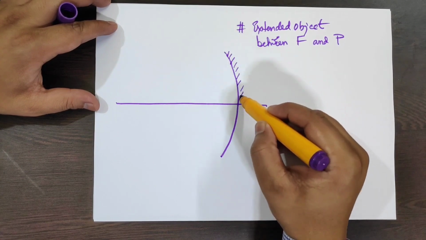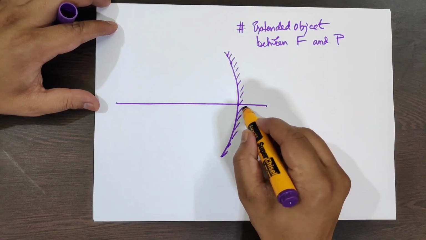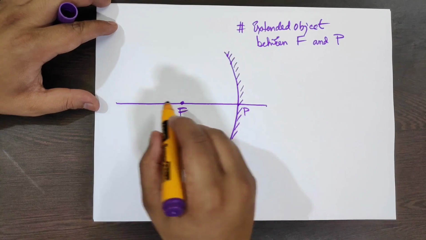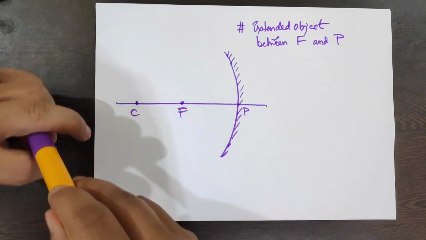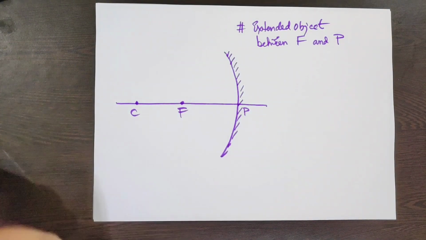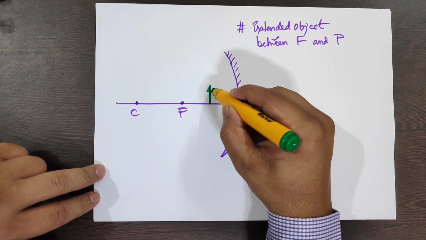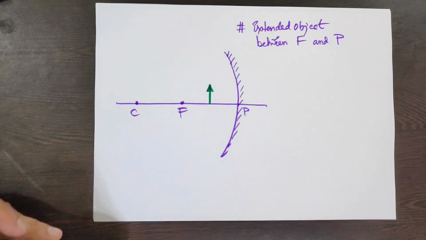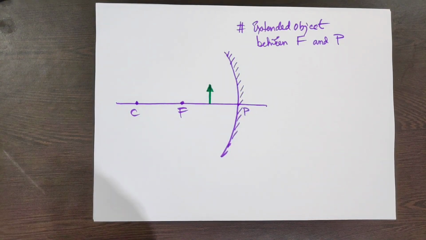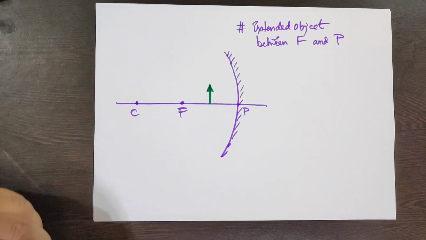There it is: concave mirror, pole, focus, center of curvature. And if there is an object like this here, let us draw the light ray from this object.